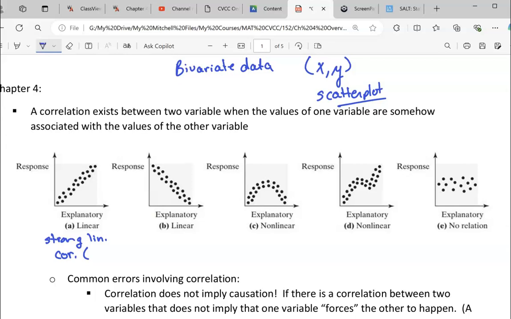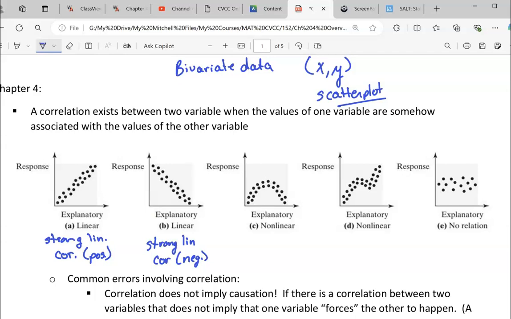And because it's increasing left to right, we would say that's going to be a positive linear correlation. If we look at that second picture, we see that everything does look linear, but it's decreasing. So we would say that it is a negative correlation.